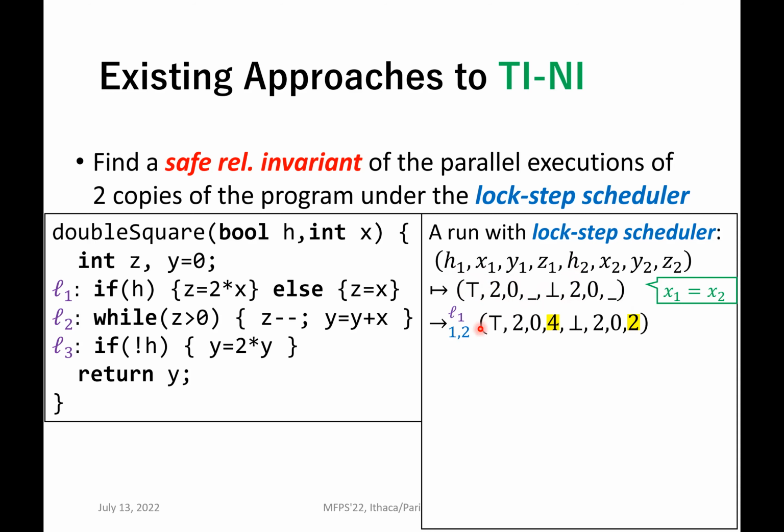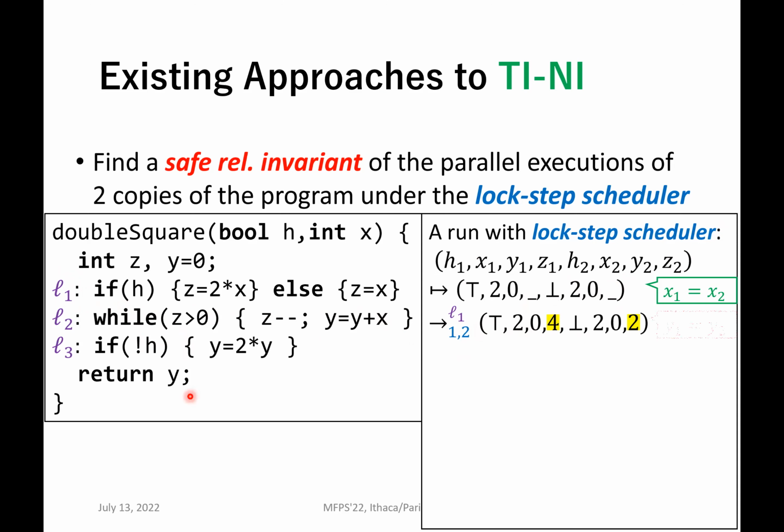And so the lockstep scheduler schedules both copies by executing the statement labeled L1 and obtains this updated pair of states. Please note that for the first copy, 4 is assigned to z, while 2 is assigned to z for the second, which represents the number of iterations of the while loop.